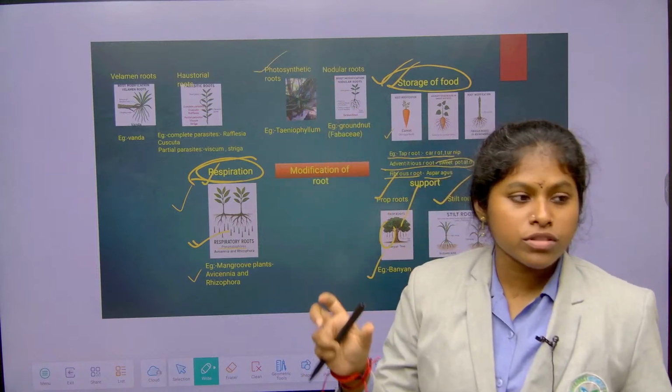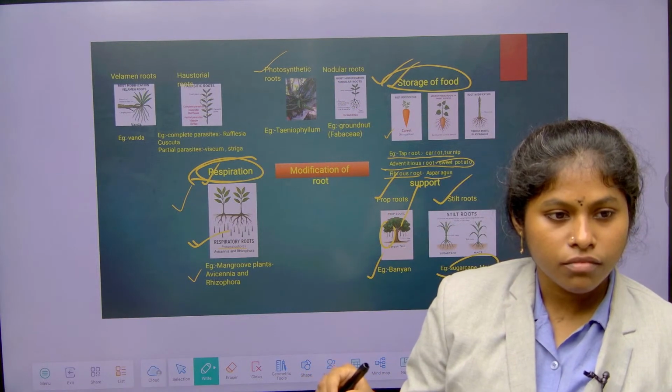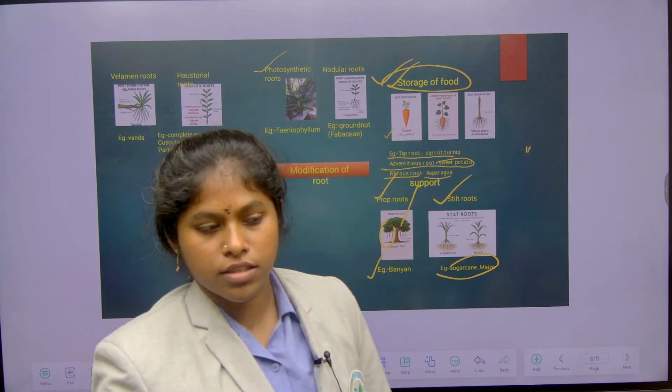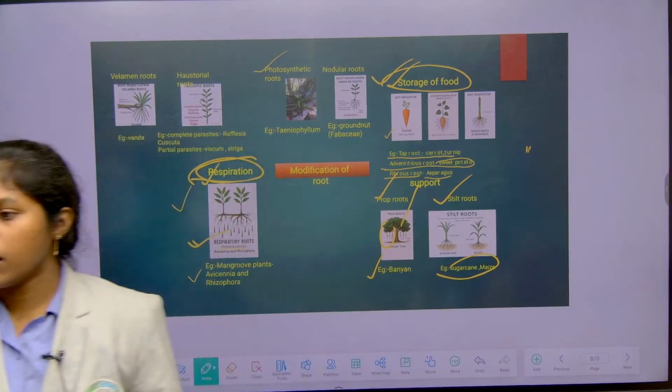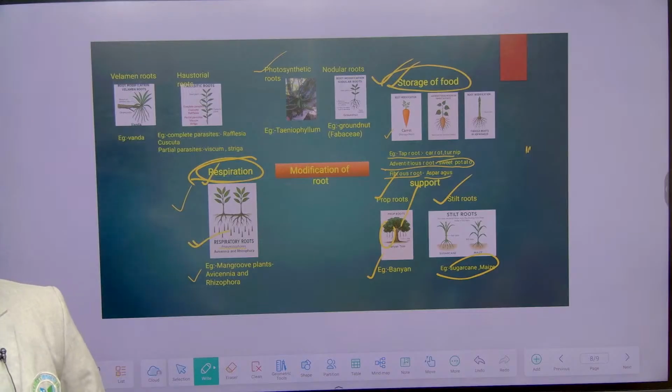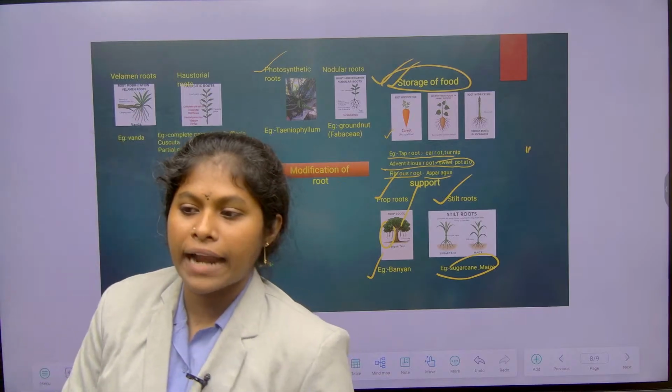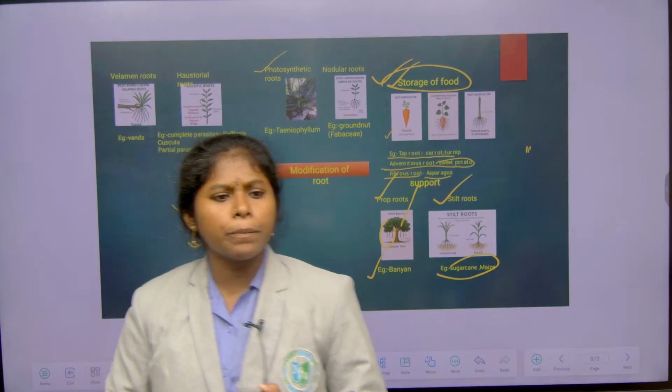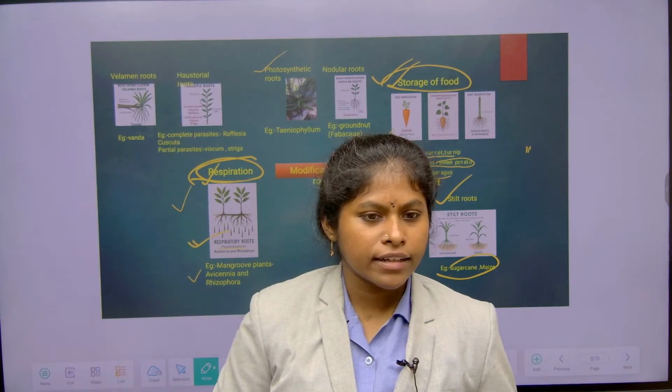What is meant by photosynthetic roots? Photosynthesis, which means the roots themselves perform the photosynthesis. Tell me, which parts of the plant are food factories? Food factories of the plant, which means the food is prepared in which part of the plant? Leaves.